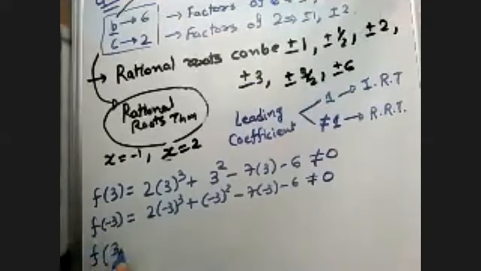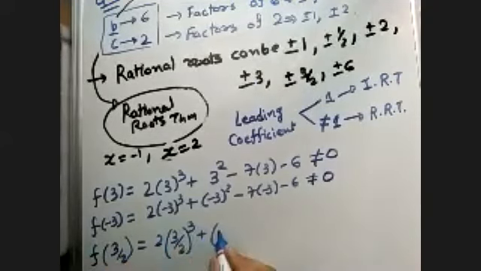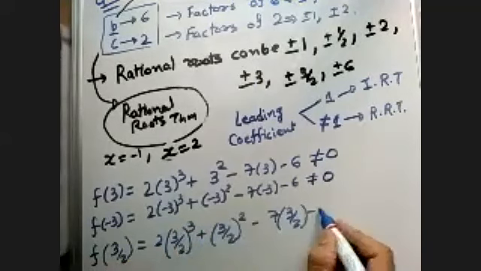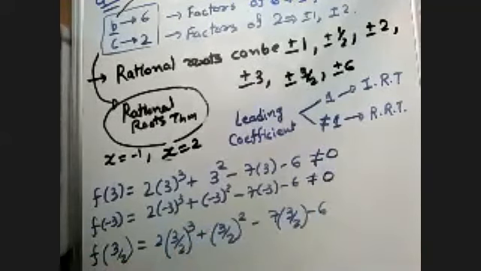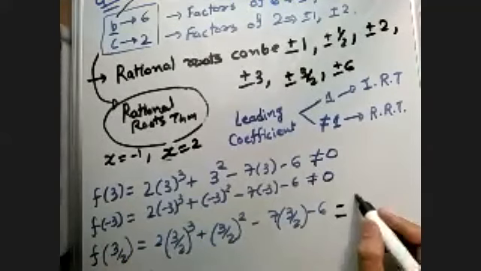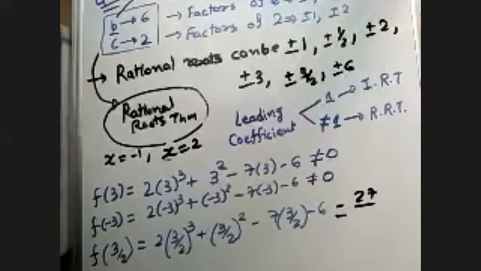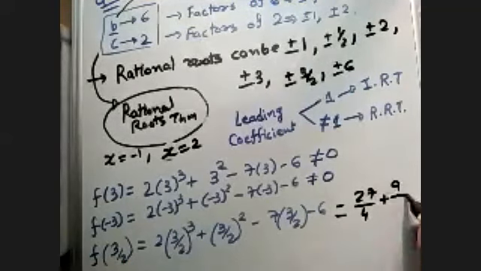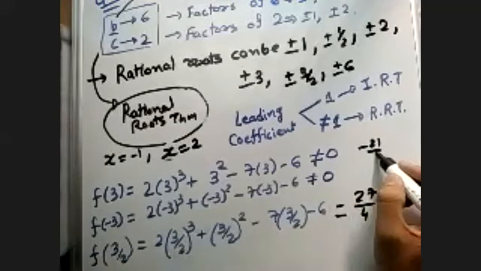So it is 2 times 3 by 2 whole cube plus 3 by 2 square minus 7 times 3 by 2 minus 6. So it will become 3 cube by 2 cube, right? And it's 2 will get cancelled out. So 3 cube 27 by 2 square, that is 4, plus 3 square 9, 2 square 4, minus 7 3s are 21 by 2 minus 6.